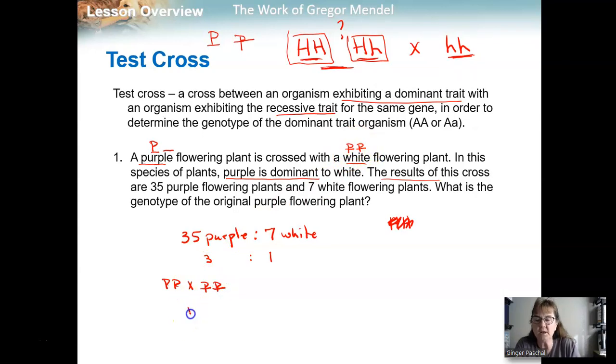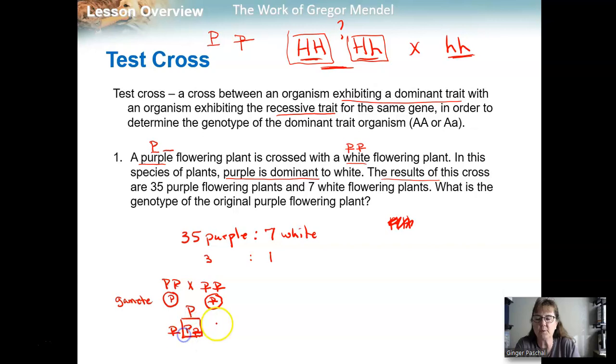The only kind of offspring these individuals can produce is purple. The reason why is because this individual can only produce capital P gametes, and this individual can only produce lowercase p or white gametes.